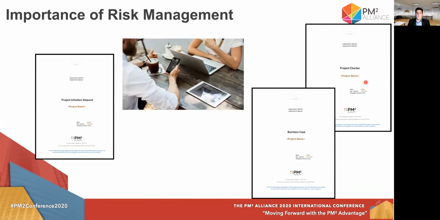But before starting to describe these steps, let's speak a little bit about the importance of risk management in the project. We can see that risk management is important from the initiation process of PM2. You can find high-level risks in the initiation request, but also in the other 2 artifacts, the project business case and project charter, where we mention the high-level risks.